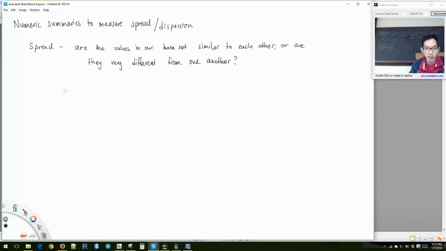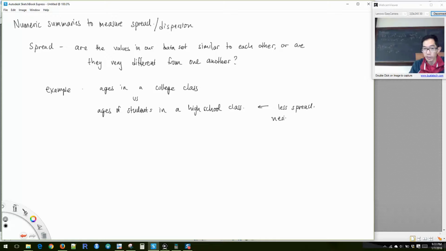Okay, so here's an example. Ages in a college class versus ages of students in a high school class. Here you'll have less spread.